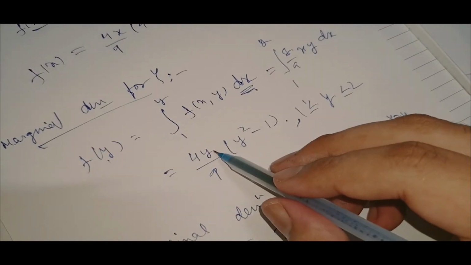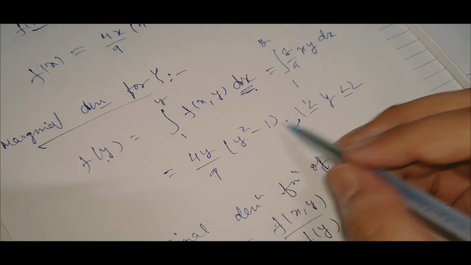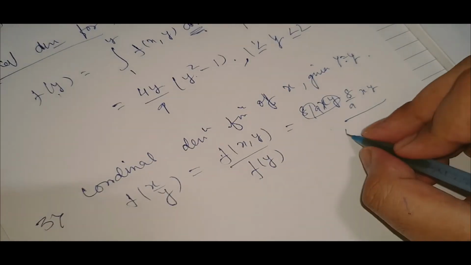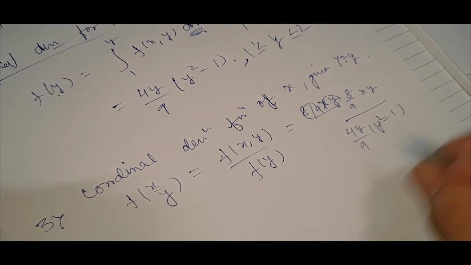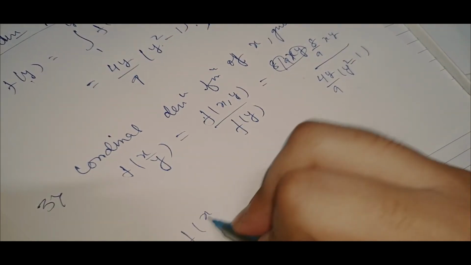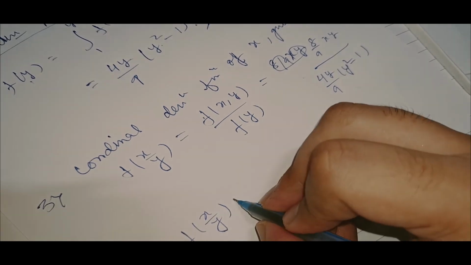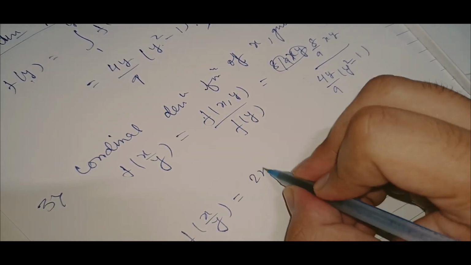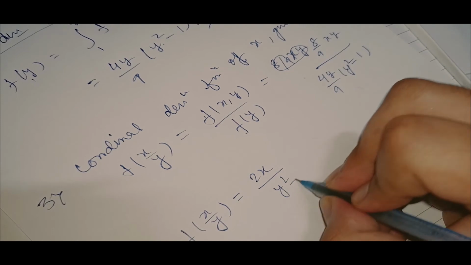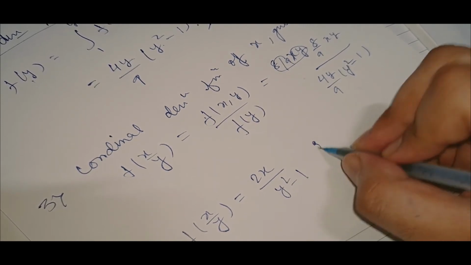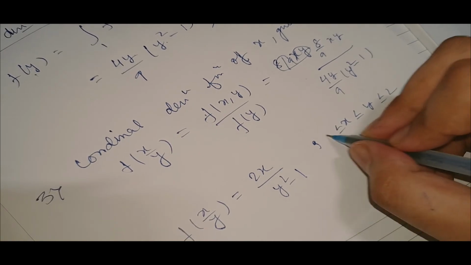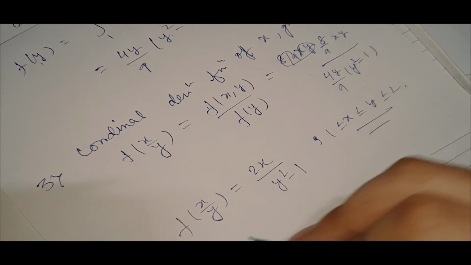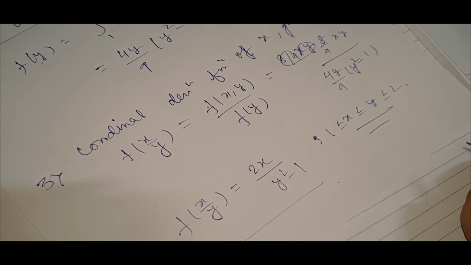And what is f of y? The marginal value we calculated, 4y by 9 into (y square minus 1). So what is f of x given y? It is 2x by (y square minus 1), and here x ranges from 1 to 2. This is the answer. This is how you will do.